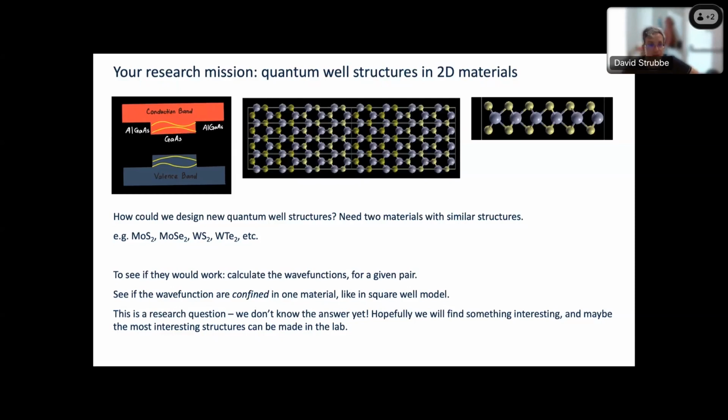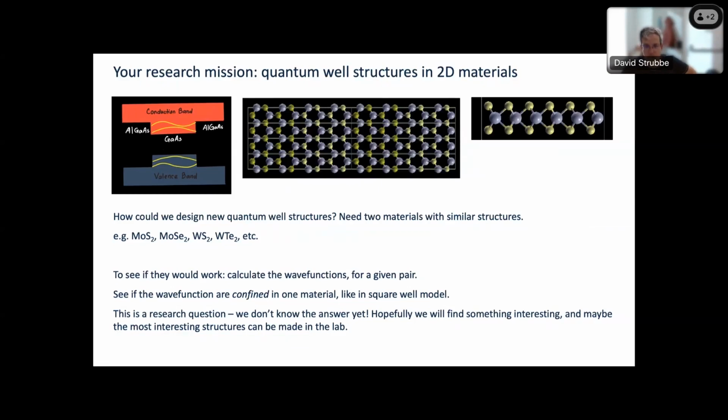So the idea here is we're going to look for structures in 2D materials that could be described by this same model. We're going to try to assess whether the model shows us what's happening and whether quantum confinement is going on. We can take pairs of materials with similar structures, like the series of transition metal dichalcogenides, make structures with these alternating strips, calculate the wave functions and see whether they look like this simple model or not.